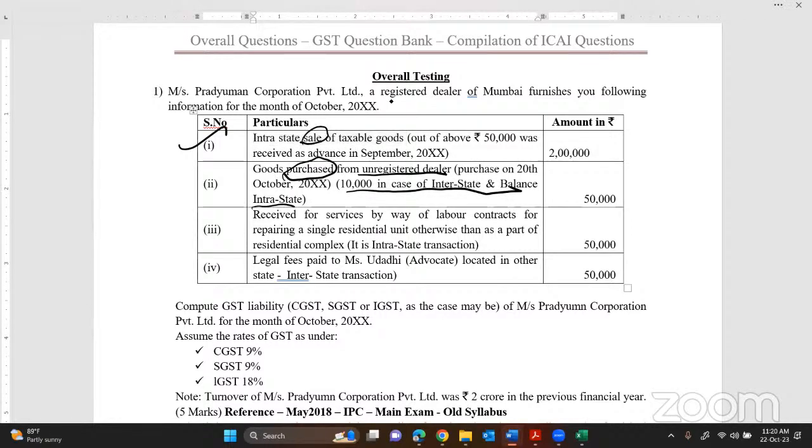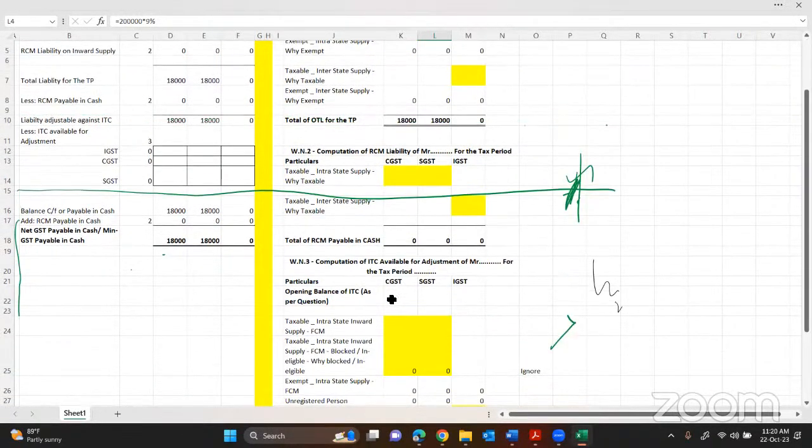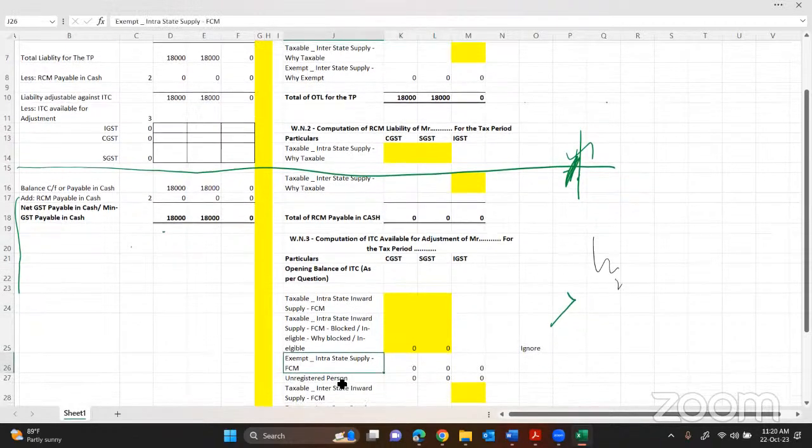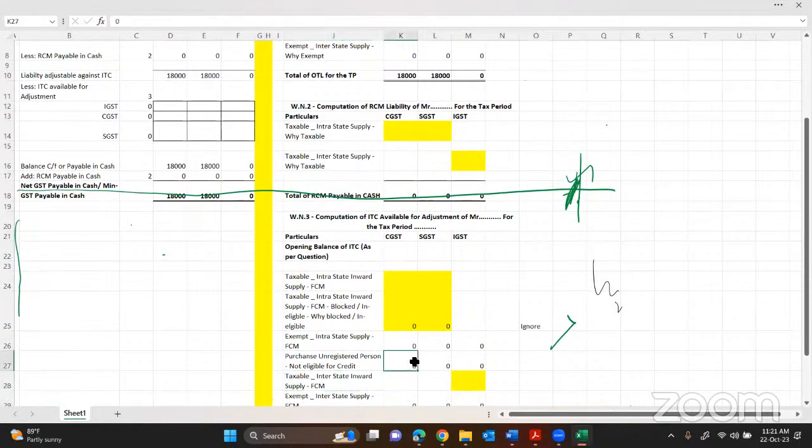So purchase from unregistered person, ineligible credit. We just have to mention this in the working note. So we go to the availment of credit column here. Purchase from unregistered person, so it will be 0000 only.